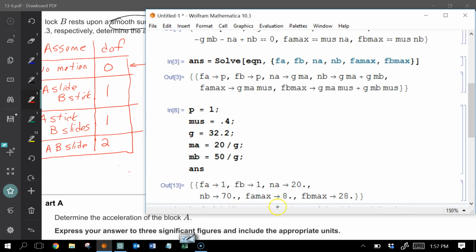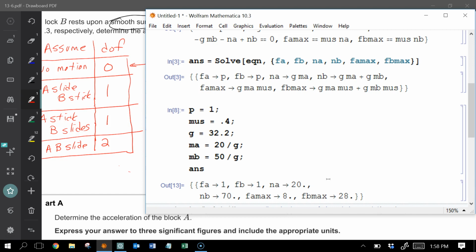So definitely that one will not slide. And then again, under B, you need 1 pound, and you can get 28 pounds under there. It's because all of the weight that's pushing down on that increases the pressure under it. So in this case, FA is less than FA max, and FB is less than FB max, and therefore the assumption is valid.